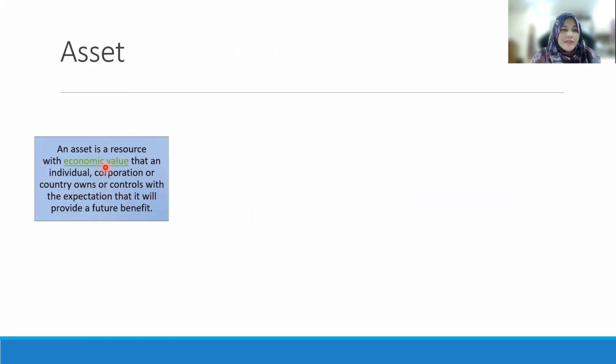Okay, an asset is a resource with economic value. Economic value means it has monetary value, or it has an implication to the economic well-being of the company. It is something that an individual, corporation, or country owns or controls with the expectation that it will provide future benefit. So an asset is something that gives us future benefit.